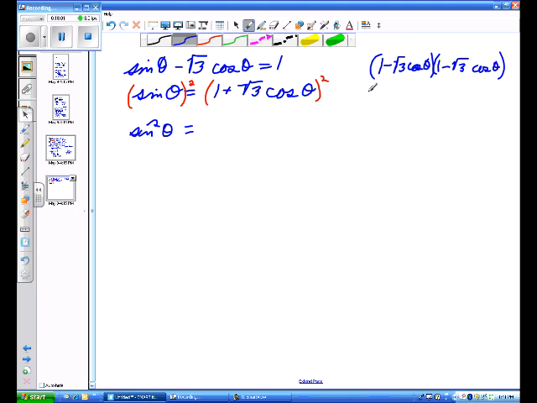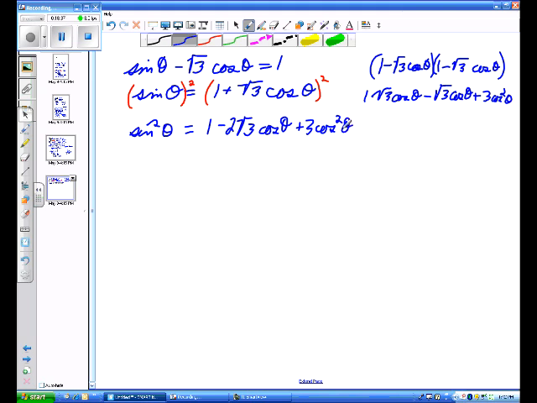So that gives us 1 minus the square root of 3 cosine theta, then minus square root of 3 cosine theta, plus, okay, square root of 3 times the square root of 3 is 3 cosine squared theta. So we end up with 1 minus 2 square roots of 3 cosine theta plus 3 cosine squared theta.